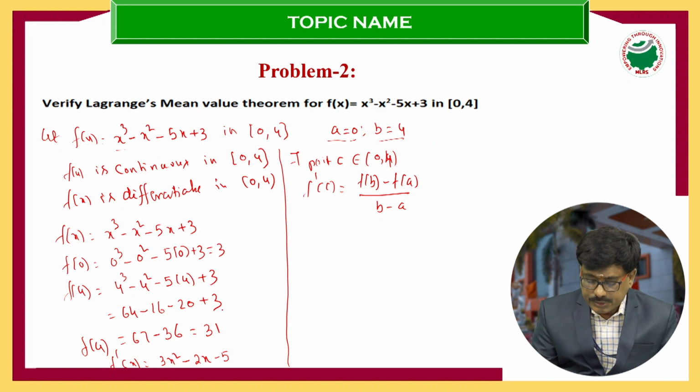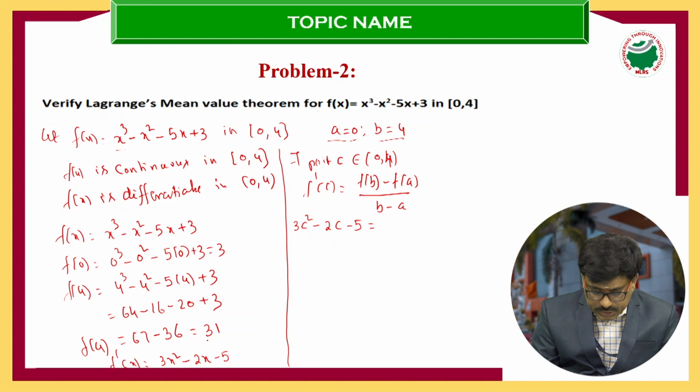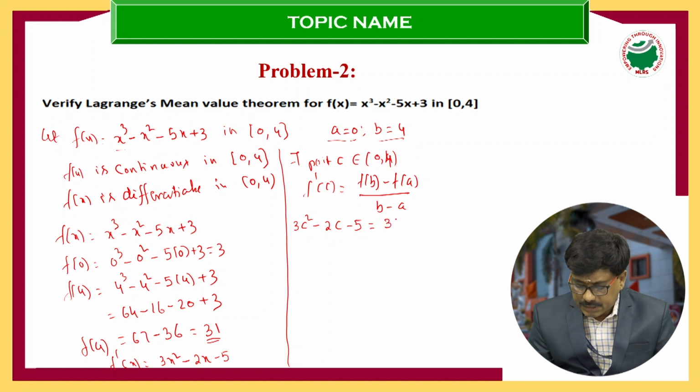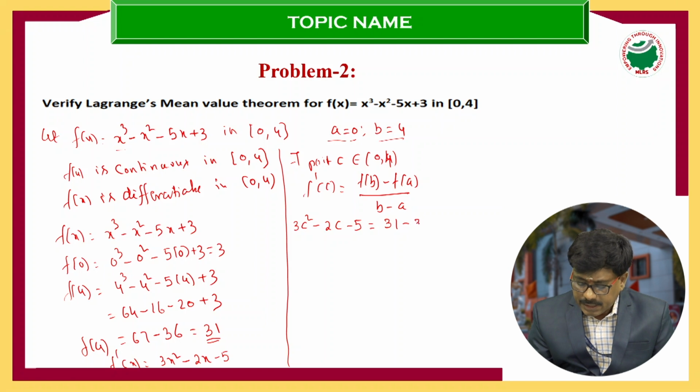Now I am going to substitute f dash of c. This becomes 3c square minus 2c minus 5, which is equal to f of b minus f of a divided by b minus a. We got f of b as 31, f of a as 3, b value is 4 and a value is 0.